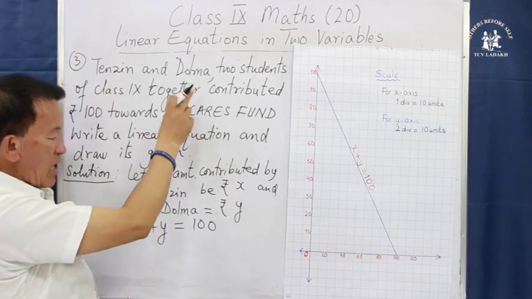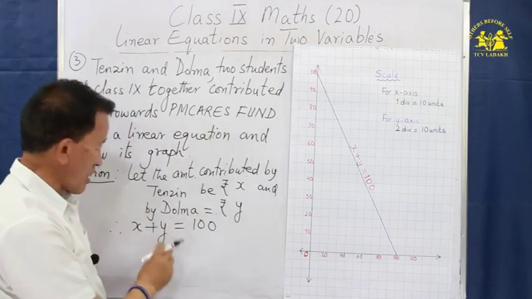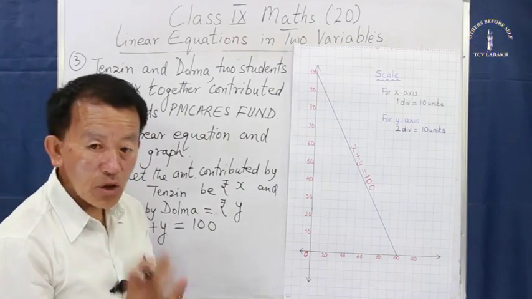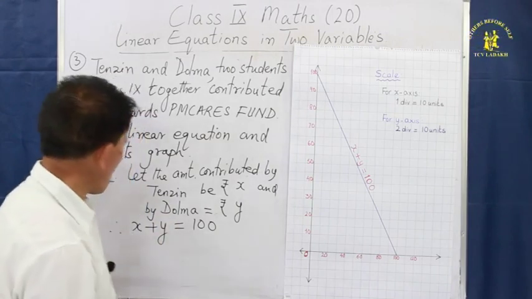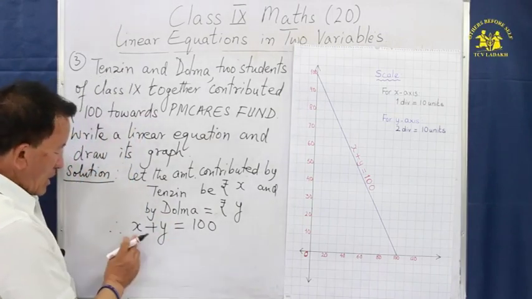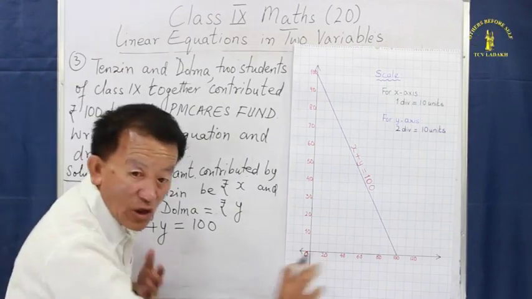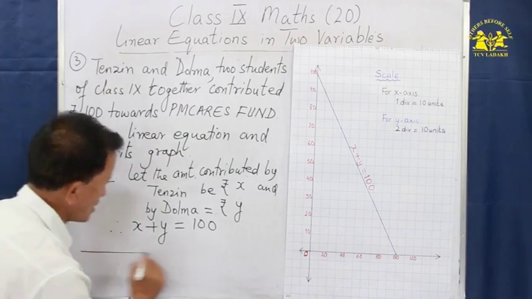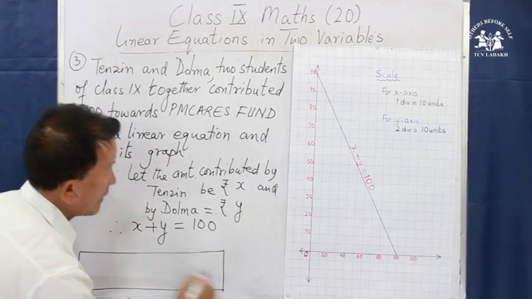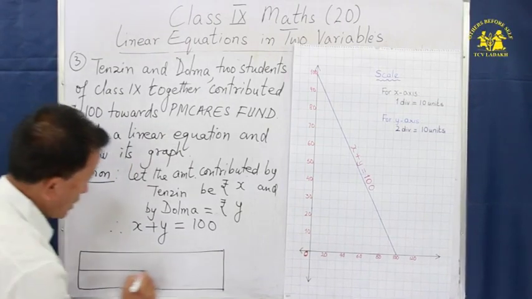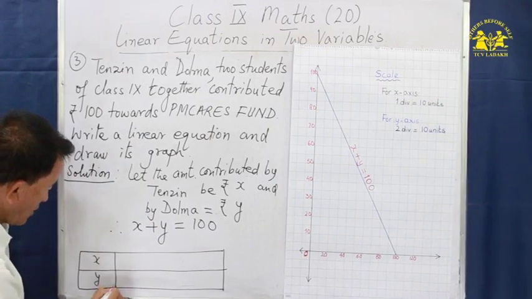of Tenzin and Dolma. Now we don't know exactly how much each of them contributed, but we know that together they contributed rupees 100. So now, since it is a simple addition, we don't need a long calculation. We can straightaway take the value of x and the corresponding value of y.